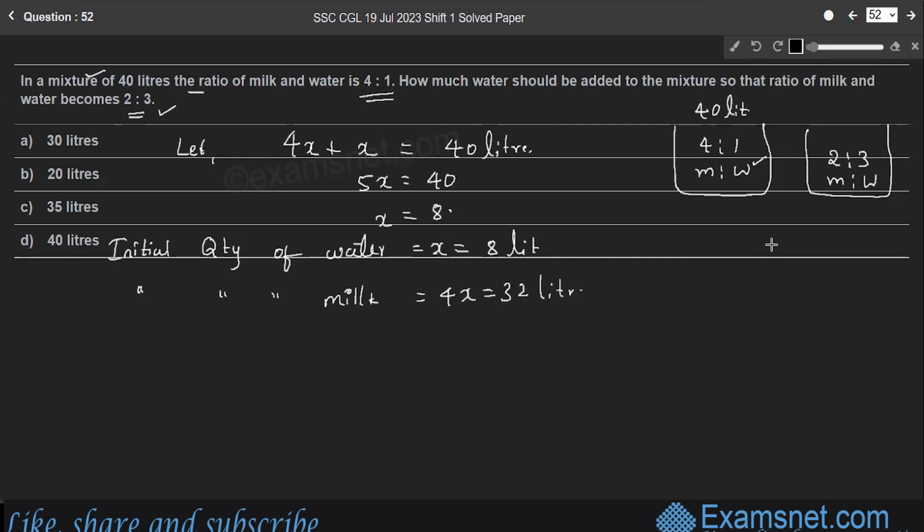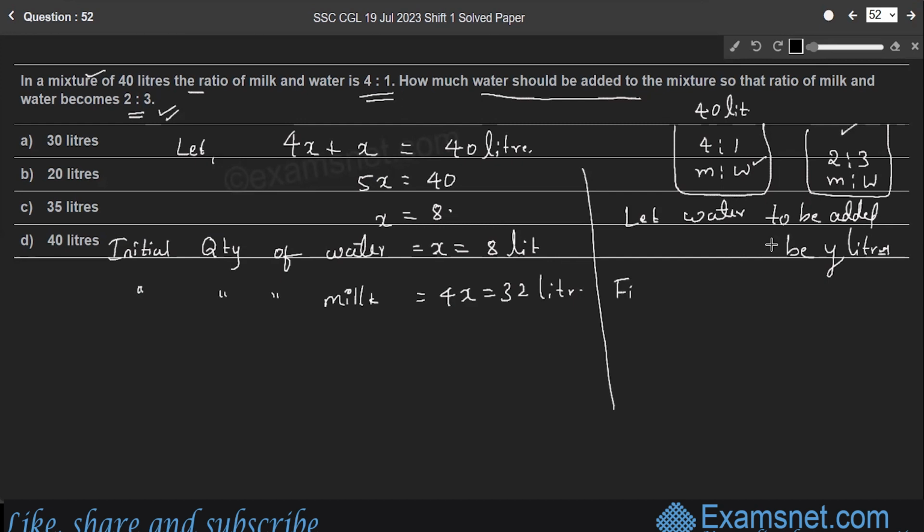So in the second part, when water is added to the mixture, the ratio becomes 2:3, right? So let the water to be added be y liters here. Then the ratio becomes 2:3.